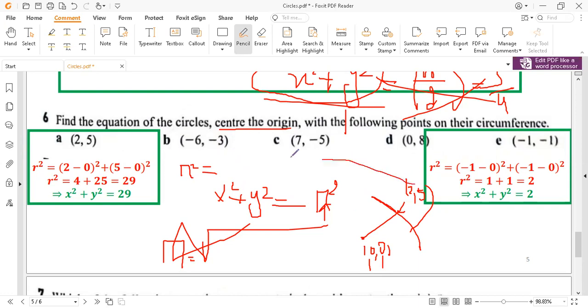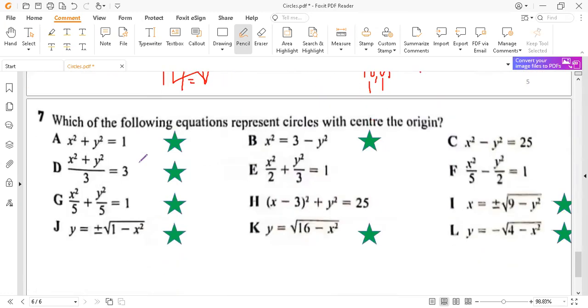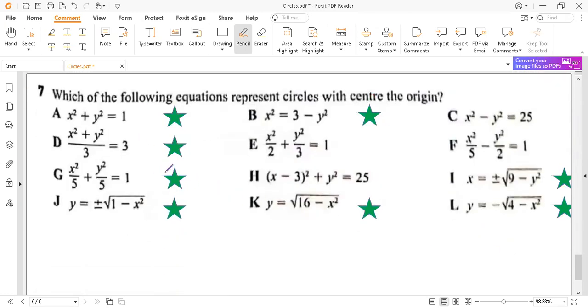We use the point of the circumference: 2 squared plus 5 squared, and we obtain 29, and we will use it here in the standard form of our equation. These are the important ideas to know. And we can distinguish the equation of circles from other things.